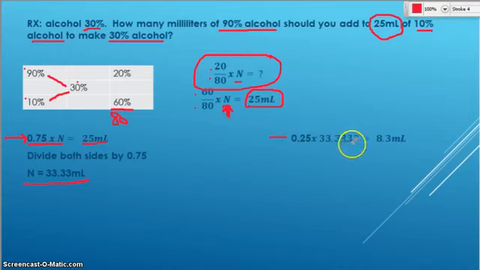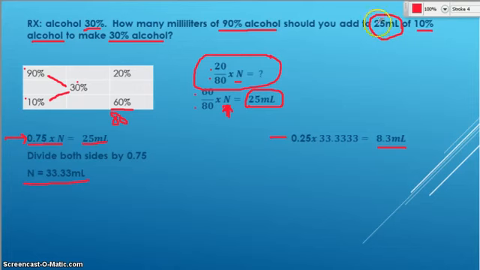I multiplied by that big long decimal, and my final answer was 8.3 repeating. And I just rounded to the nearest tenth. So it's a little bit different. However, it does work the same, I should say. We do use the grid in the same manner.